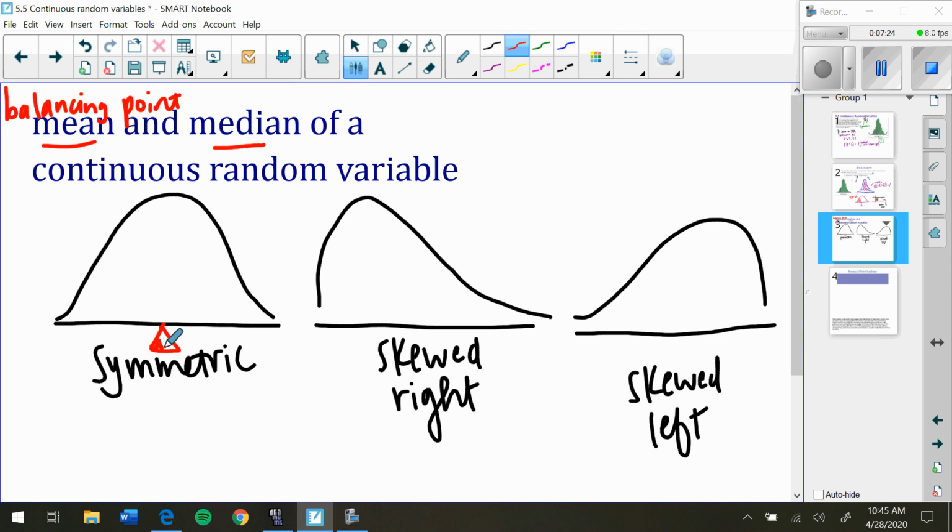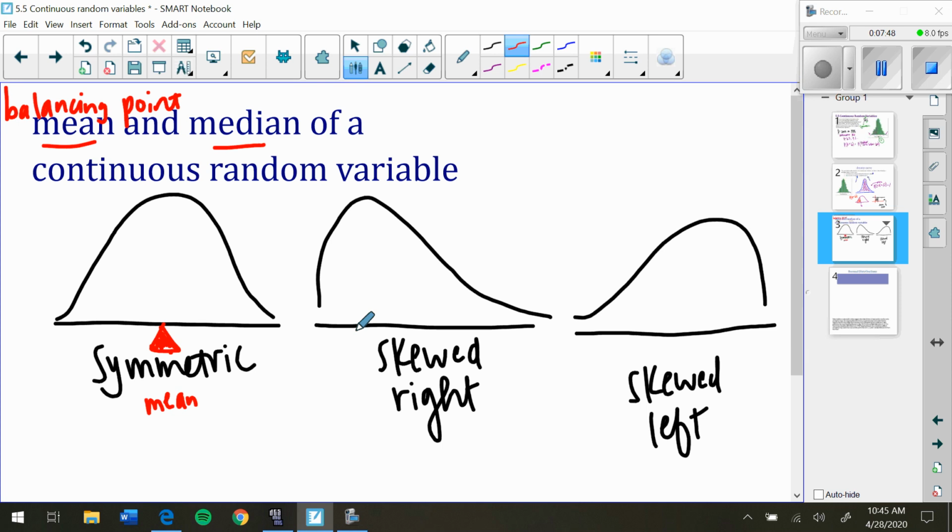Now, the mean of a symmetric distribution is pretty easy because it's just right in the middle, right? This left half weighs the same, if we're pretending it's a physical object, as this half. But what about distributions that are skewed? There's a lot of area over here and less on the right side. But this right side is pulling the mean in that direction.